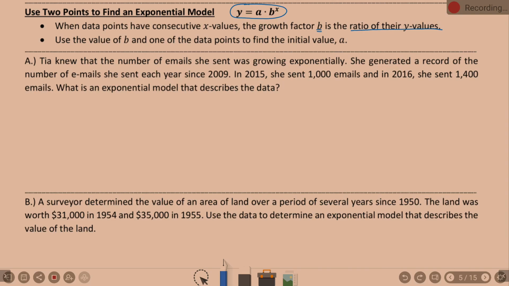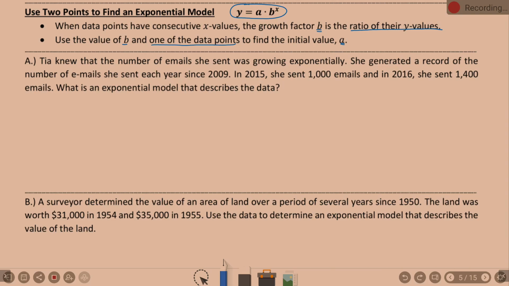Once we have b, we're going to use the value of b and one of the points to find a. That's going to be our process. Depending on the problem, it could get a little messy. You're going to need to have your calculator in front of you again, and we'll talk about ways to use the calculator.